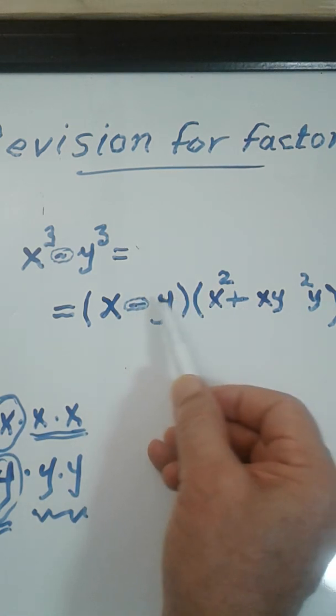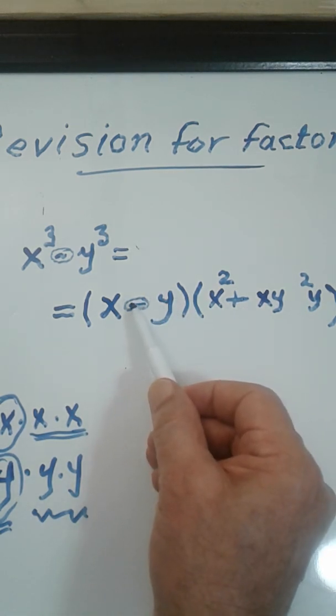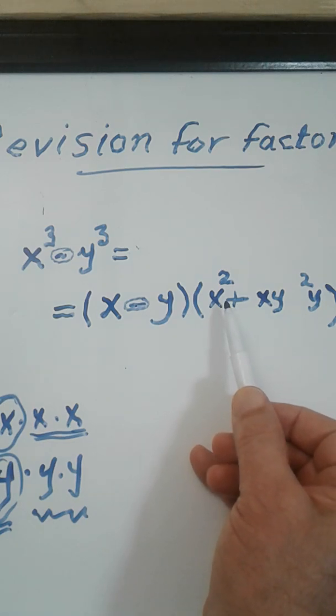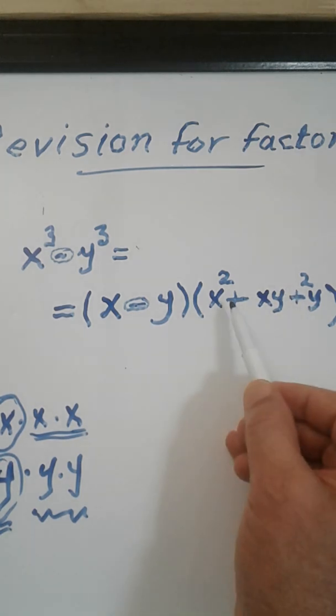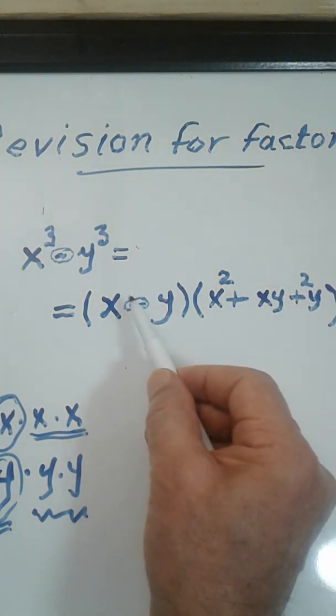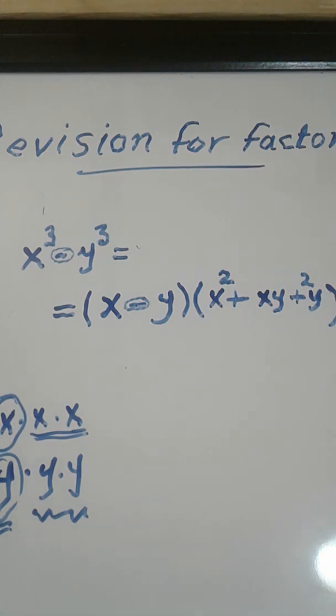So it's different from here. Here minus, here plus. And the other is always plus. But this one depends on what we write here. Okay, this is the difference between two cubed quantities.